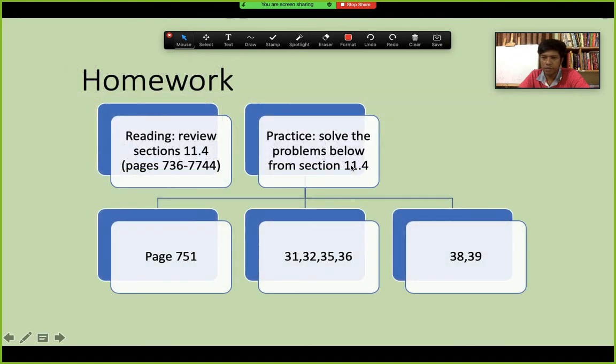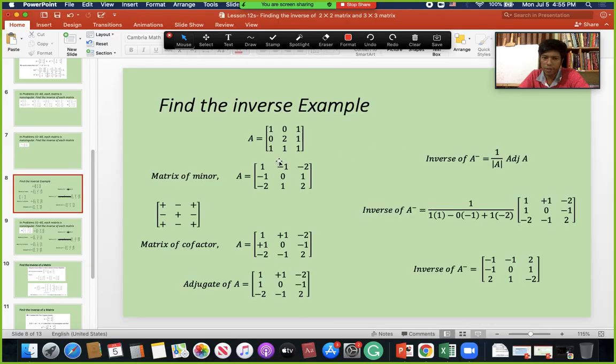I think that's all for today, and I'll share another video from Khan Academy also for finding the inverse of a 3 into 3 matrix. The same type of method that we explained, they also taught. There is another method to find the inverse of a 3 into 3 matrix.